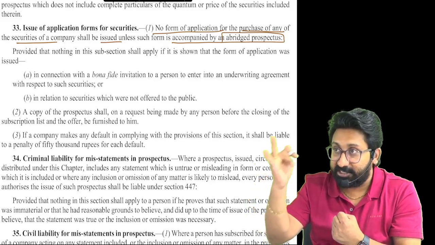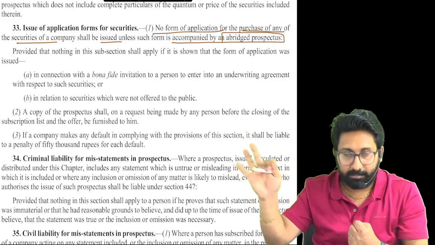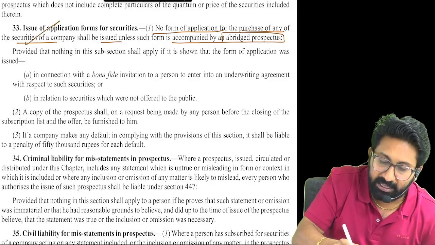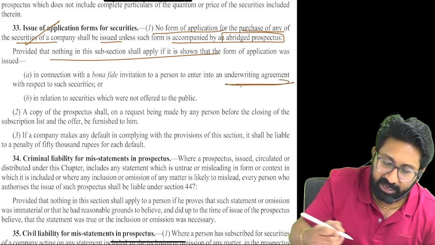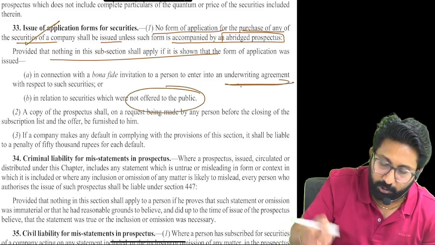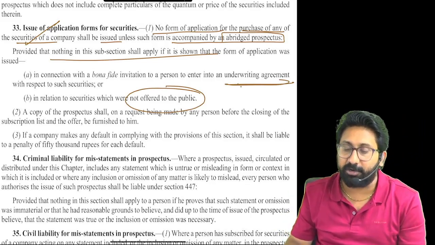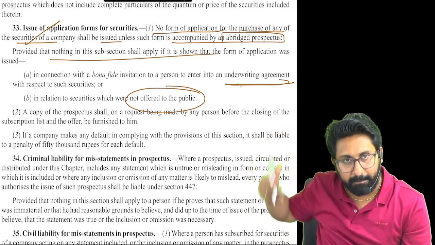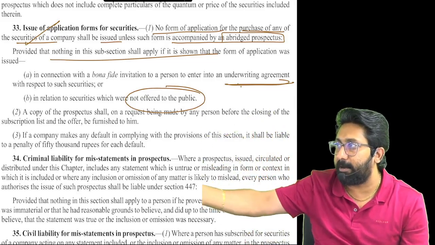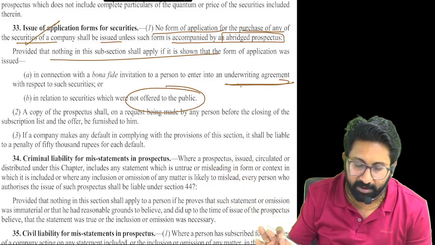Red herring, shelf, abridged. Next one. Nothing in this section shall apply in case of underwriting agreements not offered to the public. That means you are issuing not to the public. Not means you are issuing to your existing members. They already know about your company. No need to give again. Clear everyone in the class?